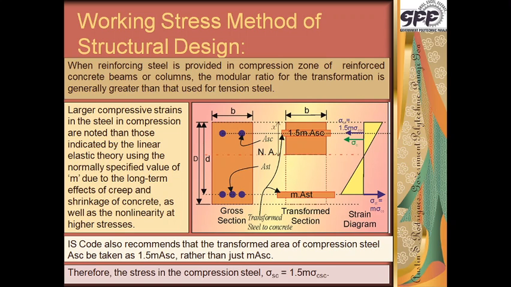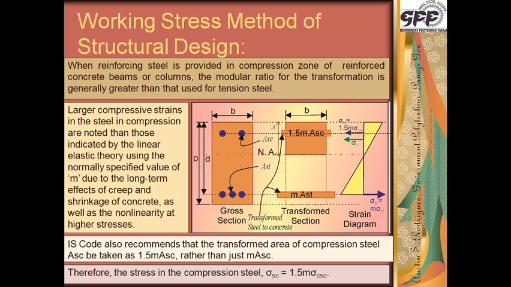The larger compressive strains in the steel in compression are noted than those indicated by the linear elastic theory using the normally specified value of m.